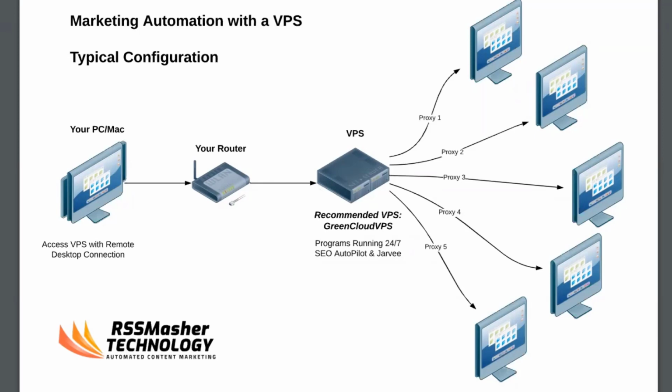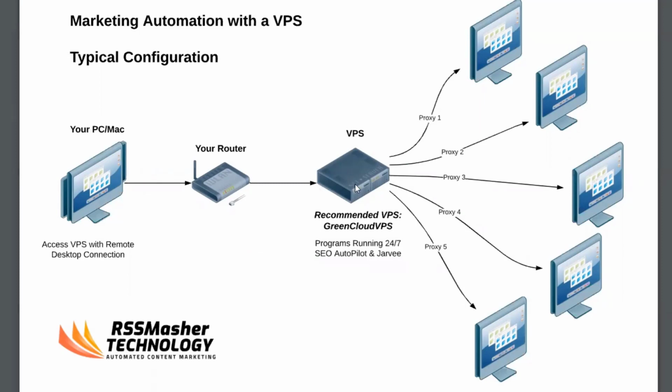So the reason for setting up your automation tools like this on a VPS is, one, your broadband strength, and the second is you don't have to have your own computer, and somebody maintains the computer for you. So this is what we're looking at.